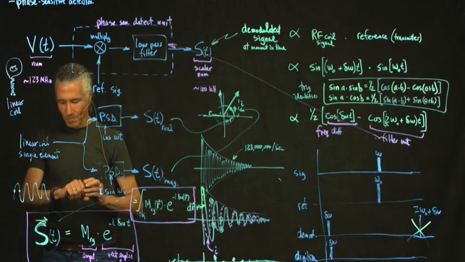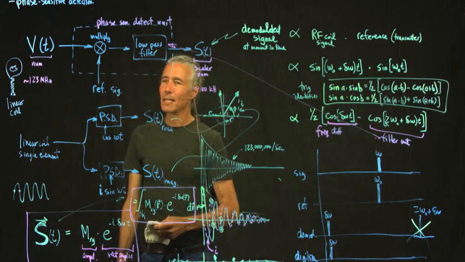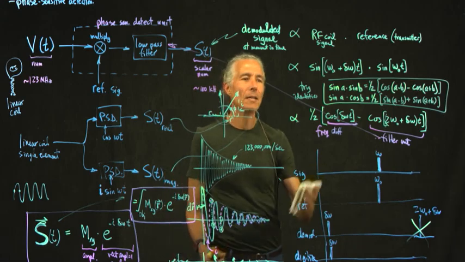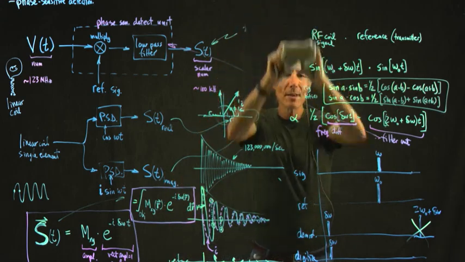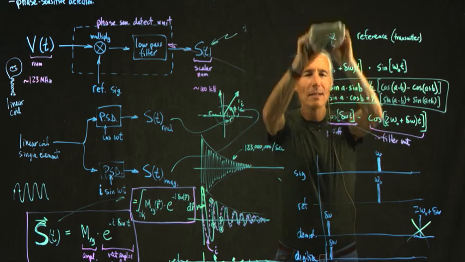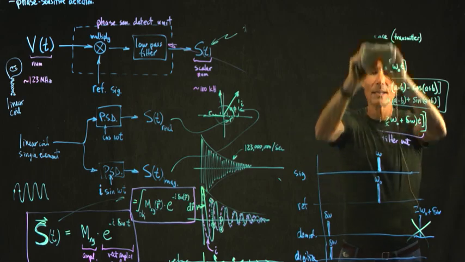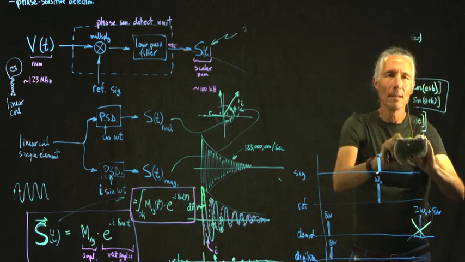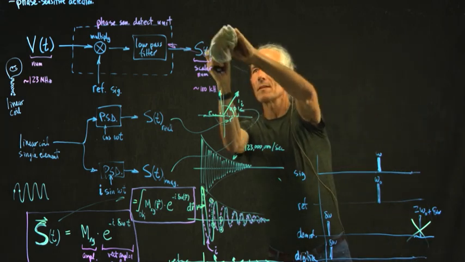Okay, so in the last minute, just to completely drive home the point, what if you have a quadrature coil? You might have been thinking this whole time, why are we going through all this trouble? Why don't we just take a quadrature coil that actually records the sine and the cosine part of the oscillation?